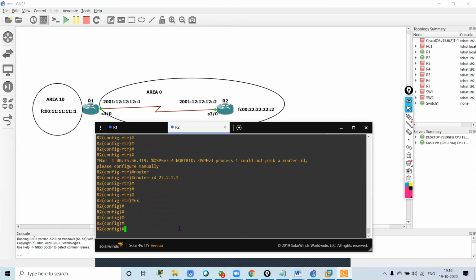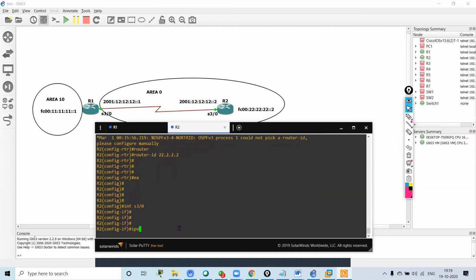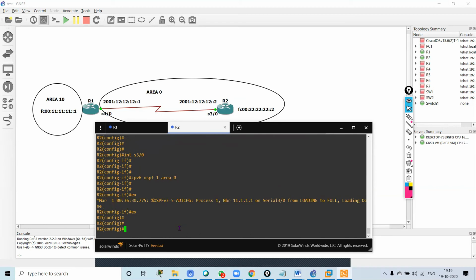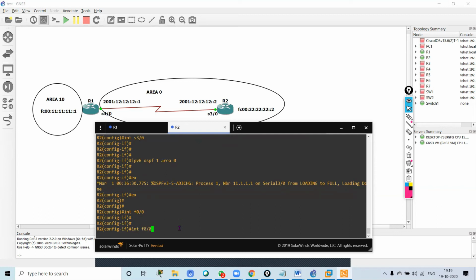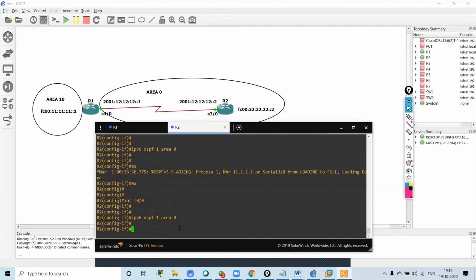Exit. Interface serial 3/0, IPv6 OSPF 1 area 0. Exit. See, the neighborship came up. Interface FastEthernet 0/0, same command, IPv6 OSPF area 0.